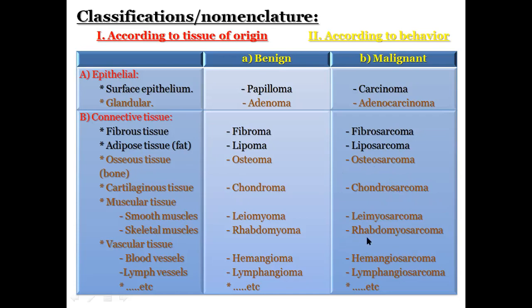Skeletal muscles, rhabdomyosarcoma. Blood vessels, hemangiosarcoma. Lymphatic vessels, lymphangiosarcoma, and so on. Okay, we will return again to the nomenclature in more detail and description in lecture number 3 in this module.